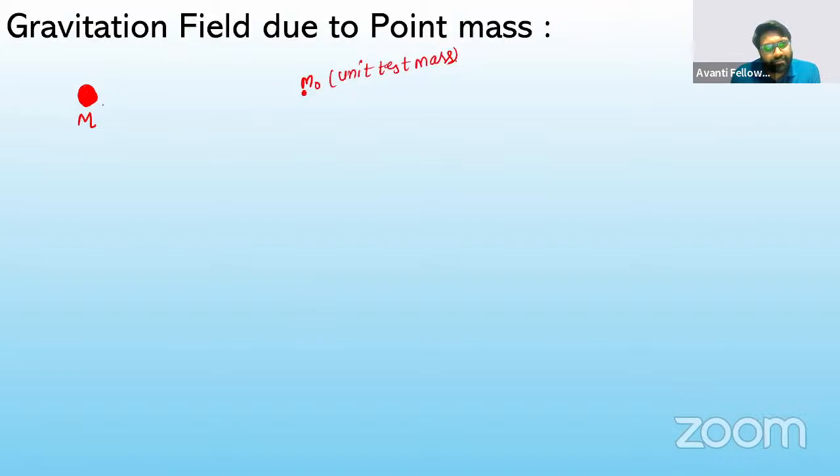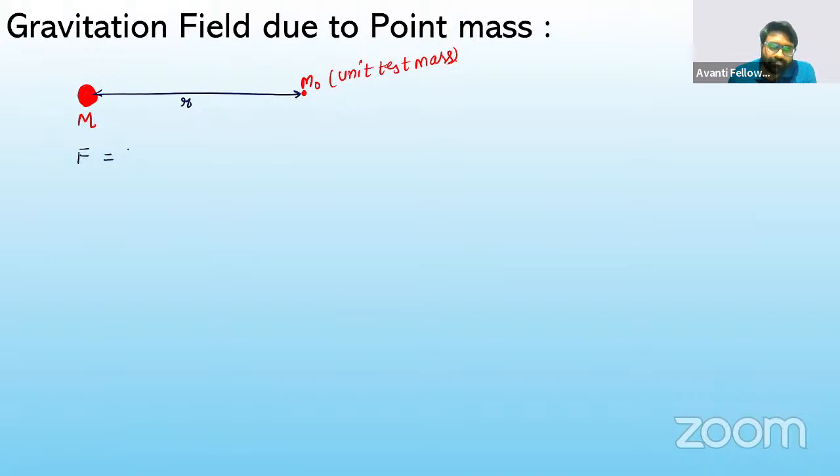Now, can anyone tell me what is the force experienced by this m naught? Let's say the distance between them is r, center to center. So what is the force applied by m on m naught?